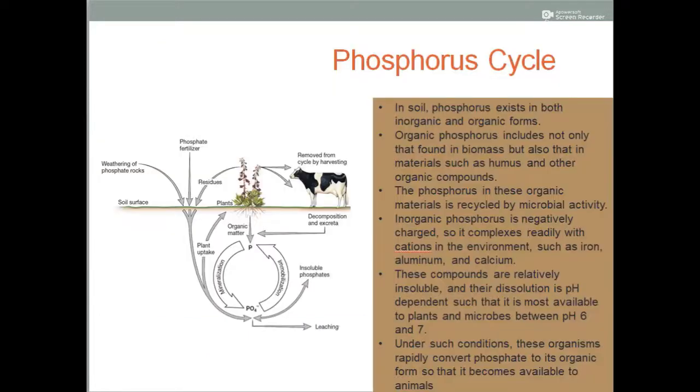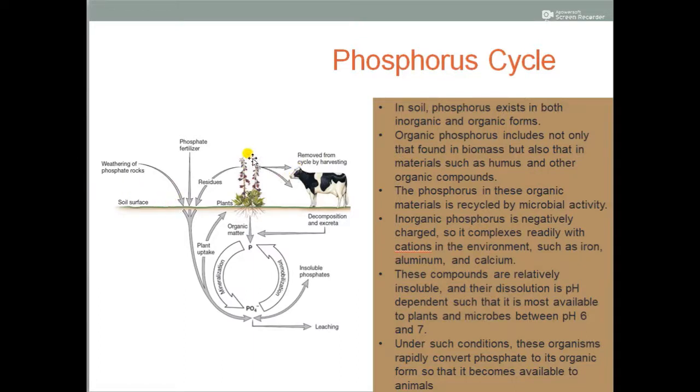So if you look into this, it is the soil as well as the water which is mainly involved in the phosphorus cycle. The main source of phosphorus in the soil is the weathering of phosphate rocks. The weathering process results in the formation of phosphates in the soil, and in addition to this, by the action of man, like the addition of artificial fertilizers when they are applied onto the soil, the soil gets phosphates.